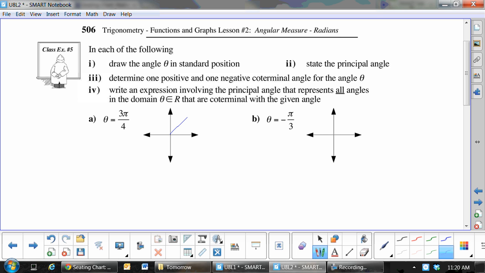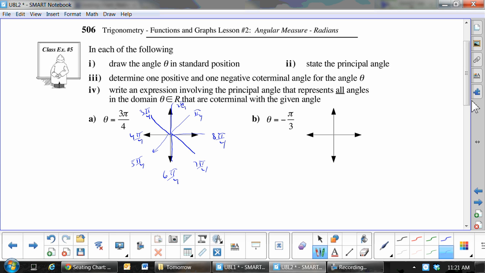This is pi over 4, 2 pi over 4, 3 pi over 4, 4 pi over 4, 5 pi over 4, 6 pi over 4, 7 pi over 4, and 8 pi over 4. So when you ask me, where's 3 pi over 4? 1, 2, 3. I know exactly where it is. Where's 7 pi over 4? 1, 2, 3, 4, 5, 6, 7. I know exactly where you are.